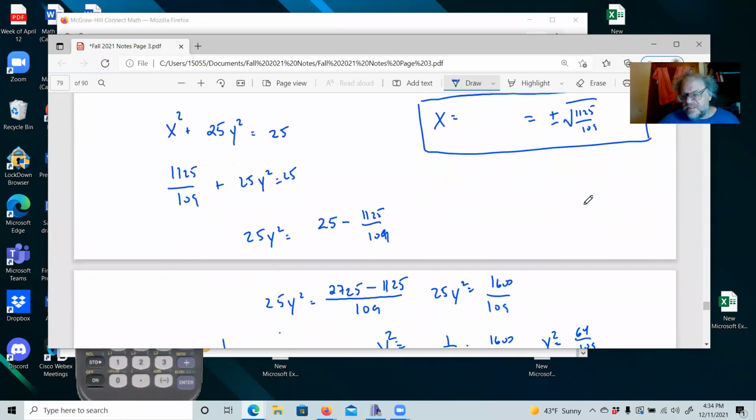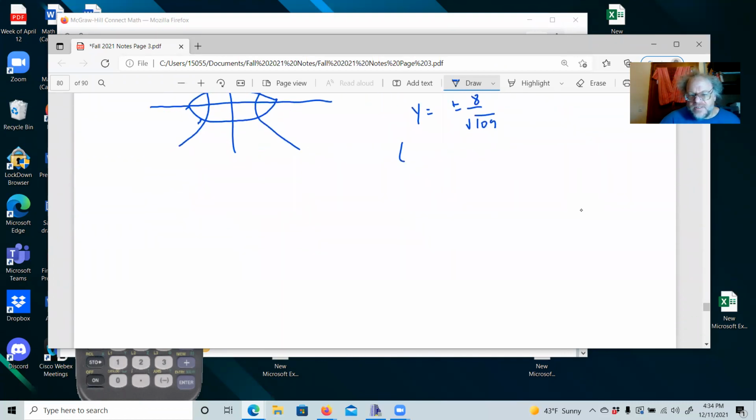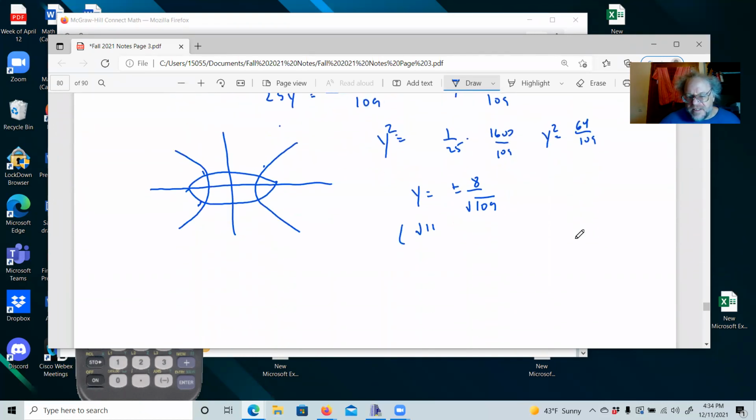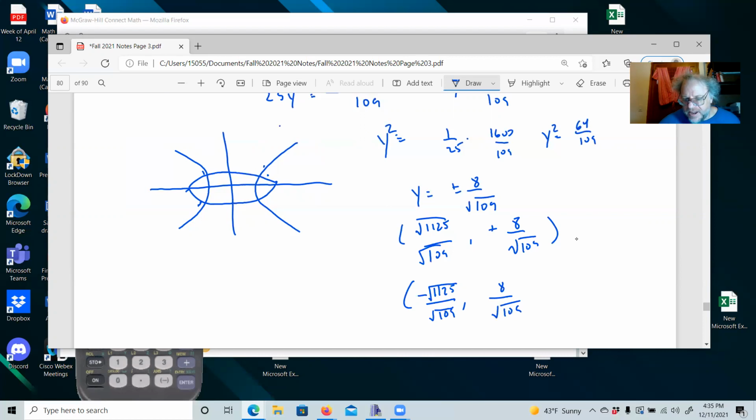So we have 1125 over 109 and a positive 8 over root 109. That'll be the one in the first quadrant. The one in the second quadrant is going to be negative root of 1125 over 109, and then positive still, so we have 8 over root 109.